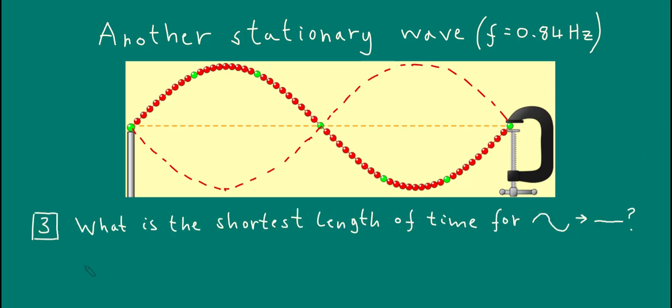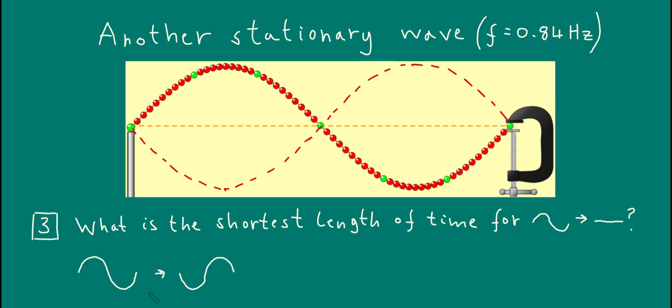So hopefully you recall from earlier that for a stationary wave pattern to go from its initial state, so for example that, to its reflected state, this will take half a time period.